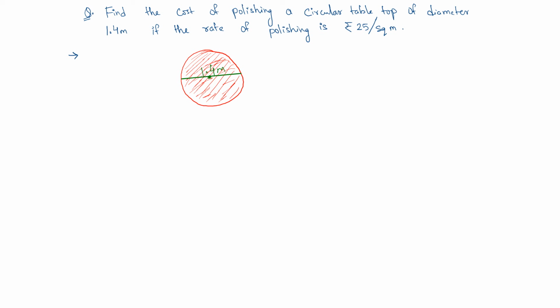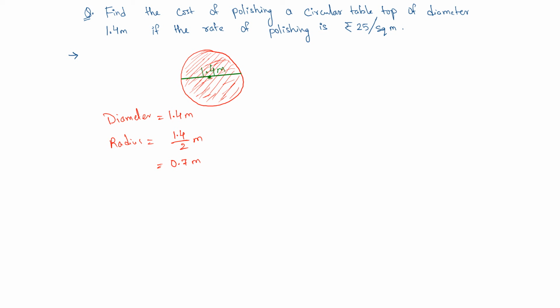Okay, so first we need to find the area. So what is given? Diameter is given. So let us write diameter equals 1.4 meter. So radius, we know the formula, it will be half of the diameter, that is 1.4 by 2, that is 0.7 meter.